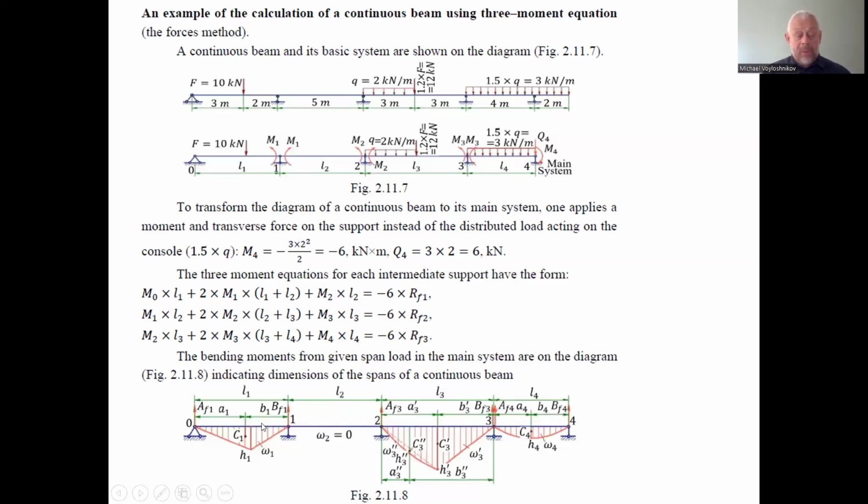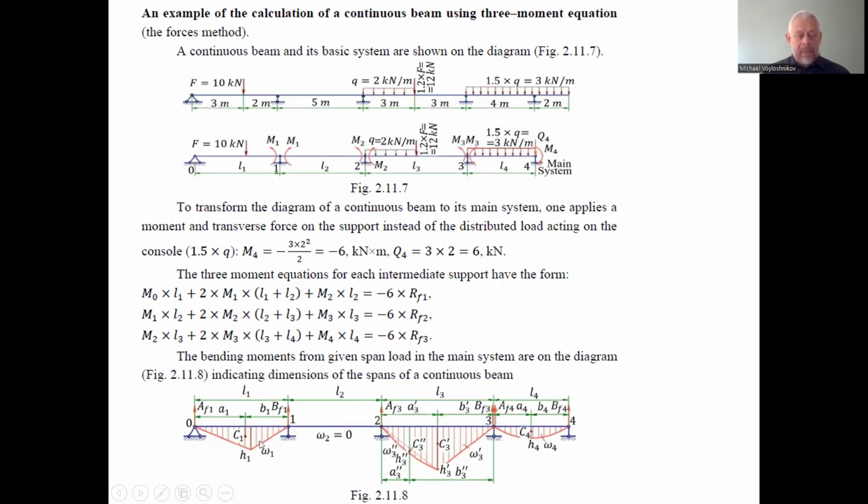And for each separate single span, we have to find the bending moment diagrams. We do not have an external load on span number 2. So we have hinge number 2, supporting link number 2. To the left, we have span number 2, left from support 2.